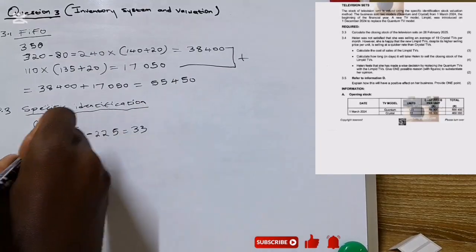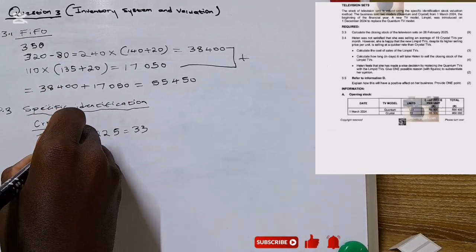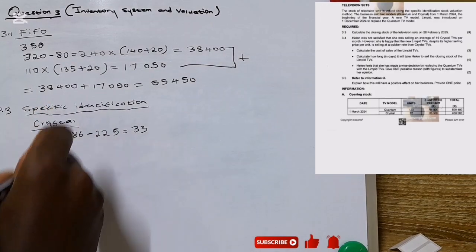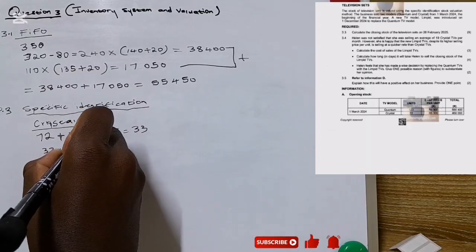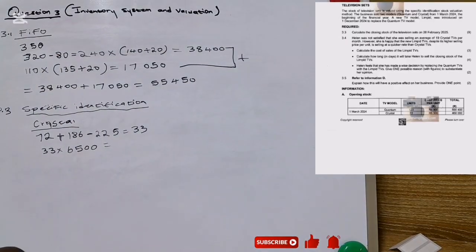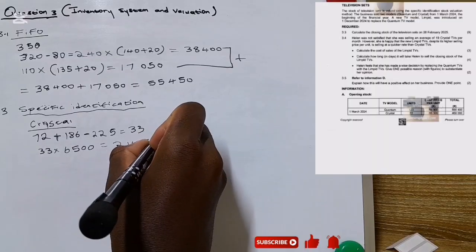Then what we do with those 33 units is check the cost price per unit for our Crystal model. If you go to information number A, there is a cost price per unit there, which is 6,500. So you say 33 units multiplied by 6,500, which gives us 214,500.